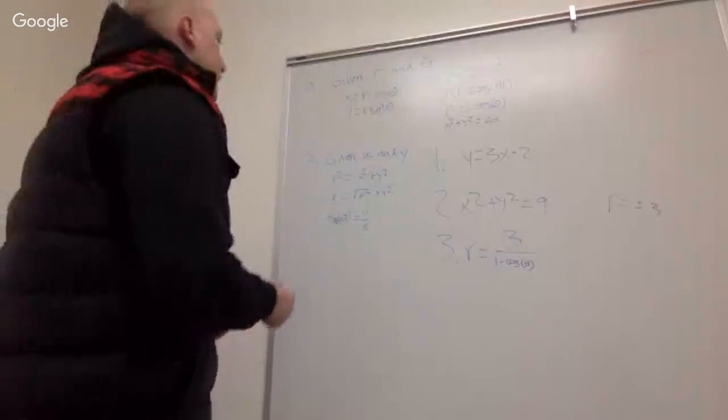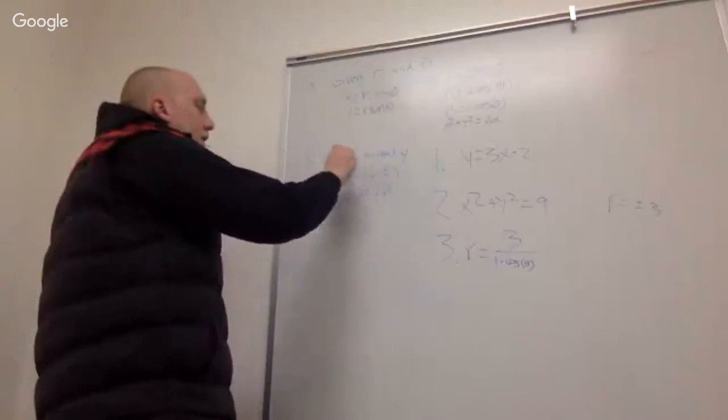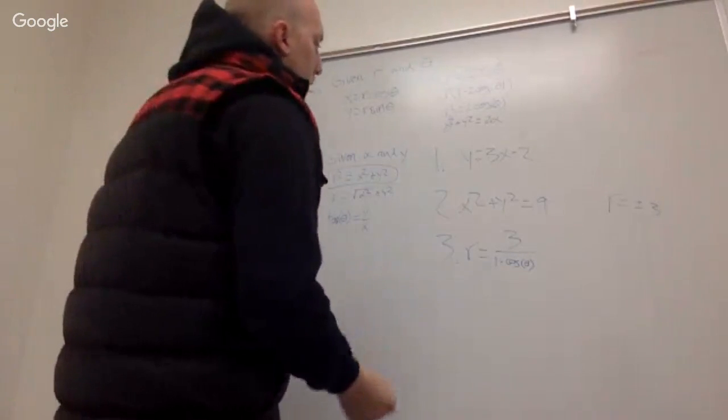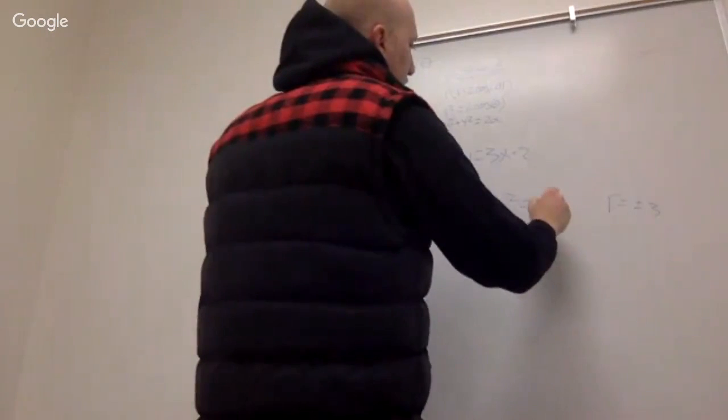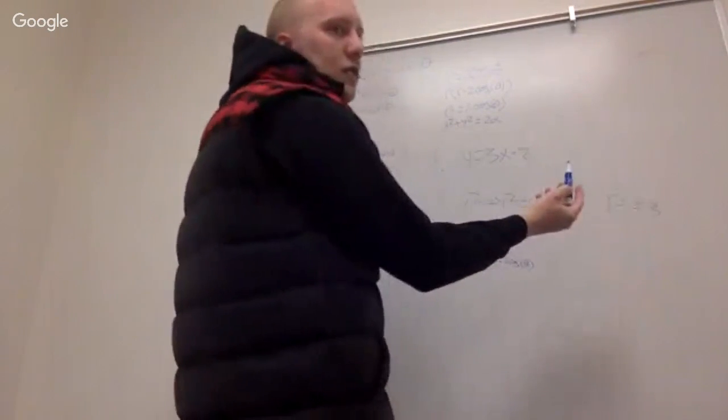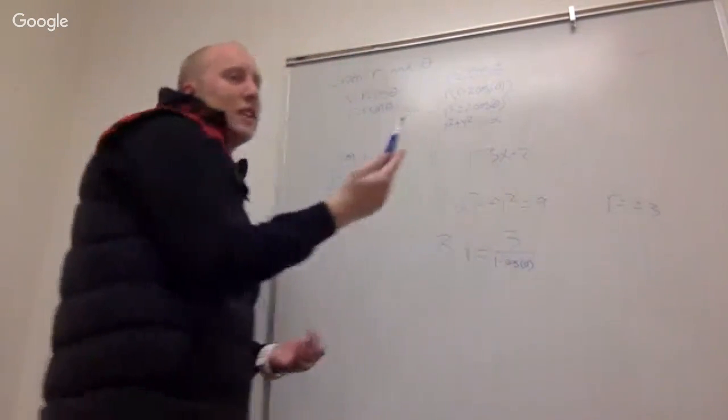Because if r squared equals x squared plus y squared, we need whatever squares to 9, and 3 squared is 9. That's easy. That one was super easy.